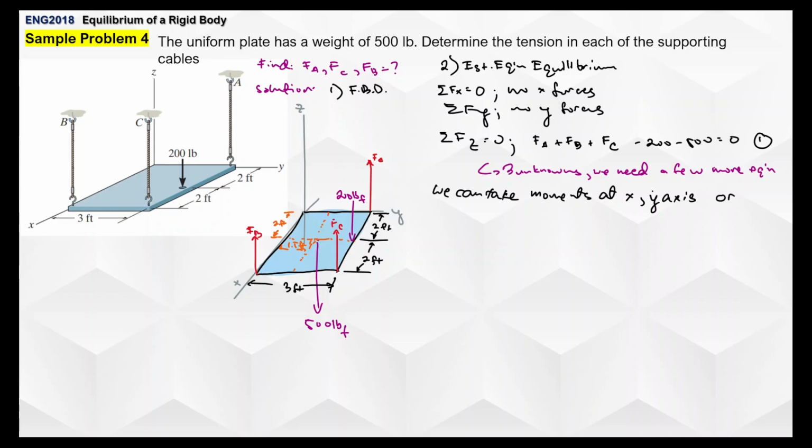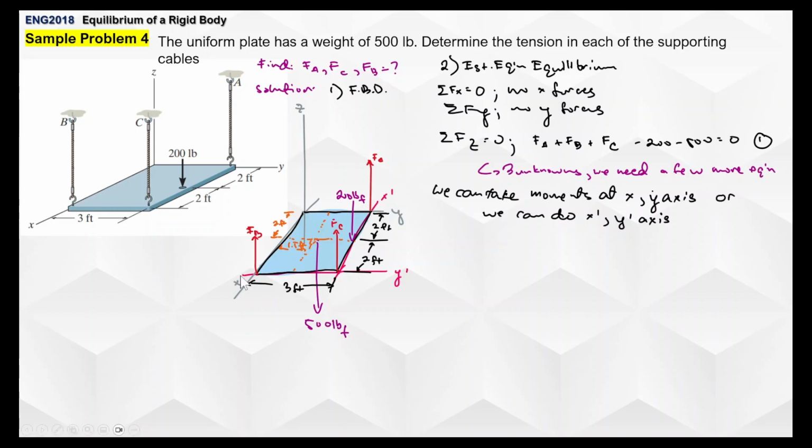or we can be smart about it and take the moment about the x prime and y prime axis. Why?